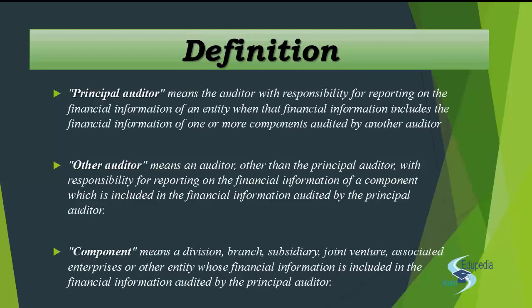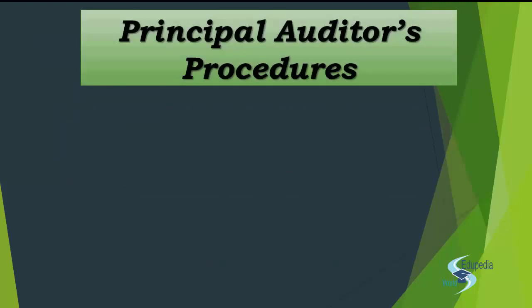Clear with that? Then we moved on to the principal auditor's procedures. What are the procedures the principal auditor will follow to determine whether or not he will move ahead with using the work of another auditor? What are the assessments that he does? What are the procedures that he performs to clarify his doubts, to get the assurance, to get an understanding of the entire matter?